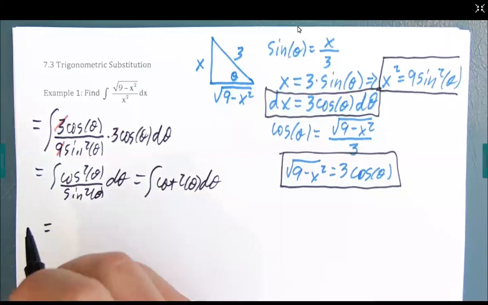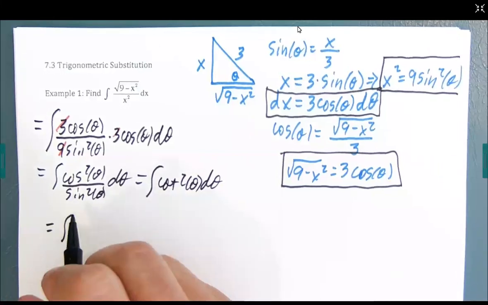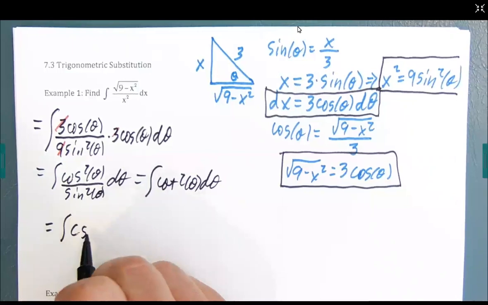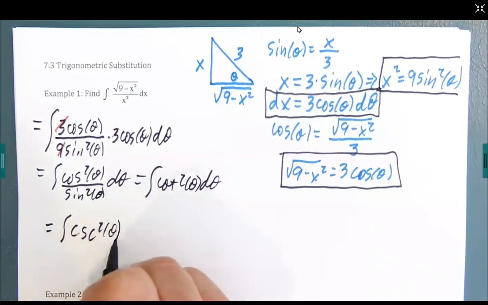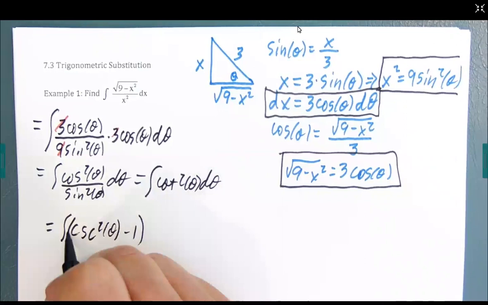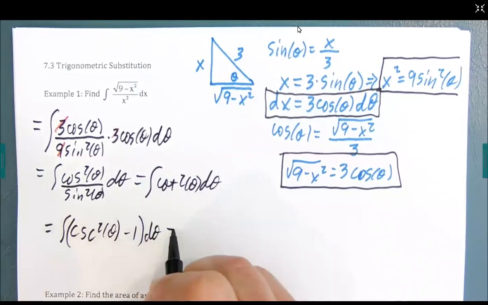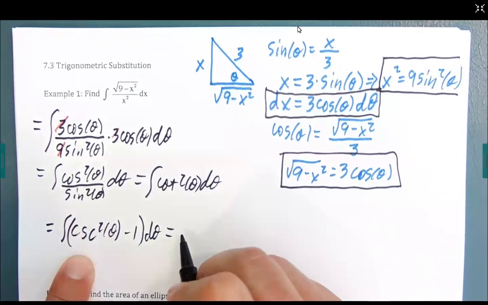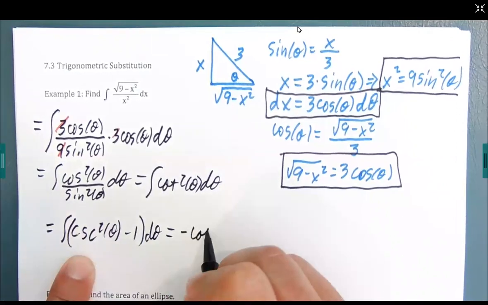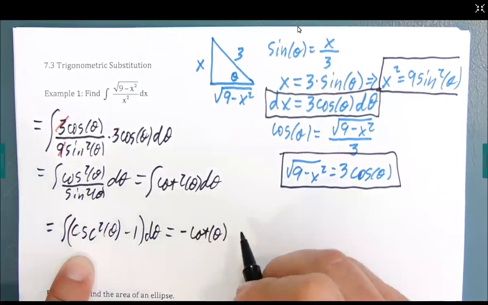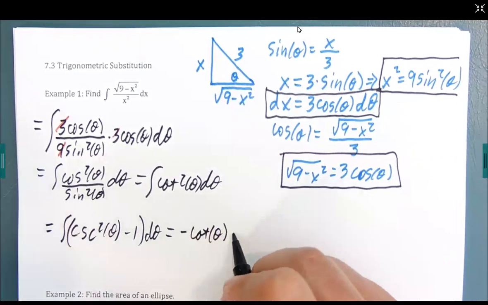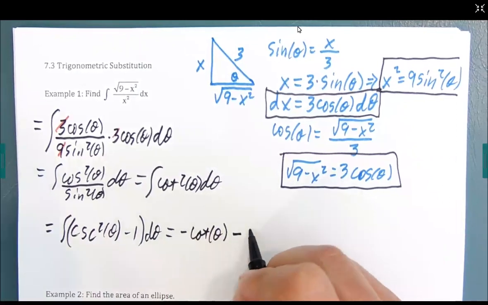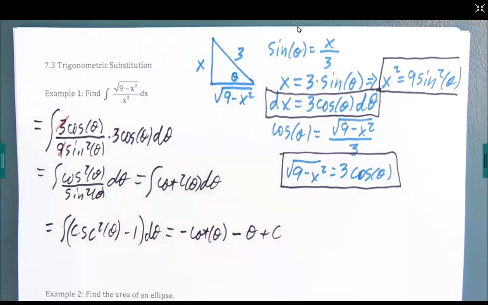This becomes the integral of cosecant squared theta minus 1 d theta. Integral of cosecant squared is going to be negative cotangent theta minus theta plus c. Now you'll notice we're still in terms of theta.